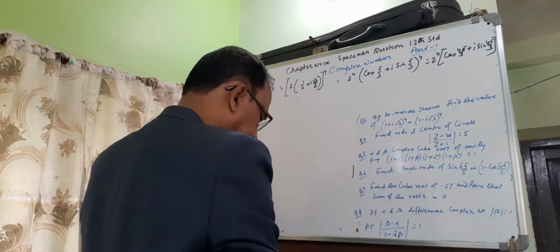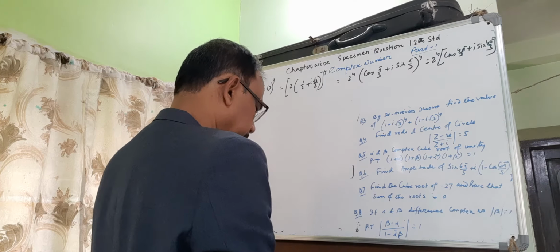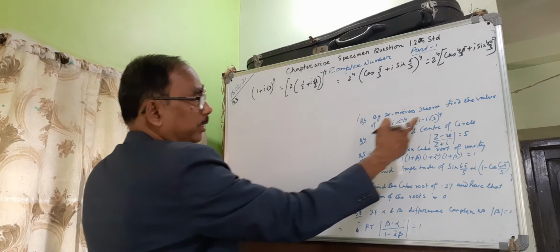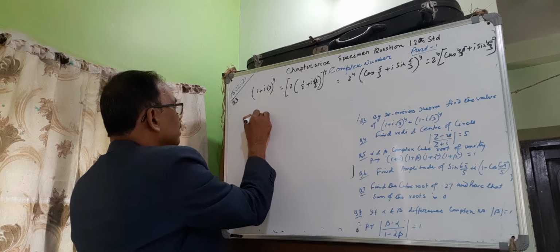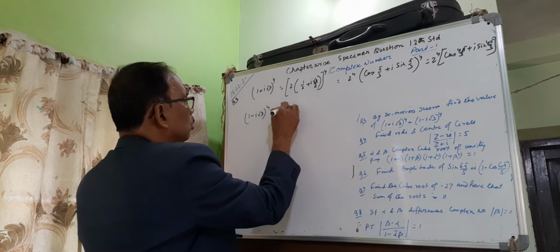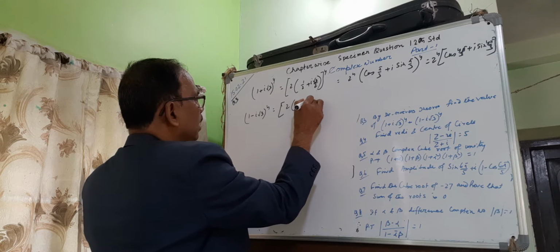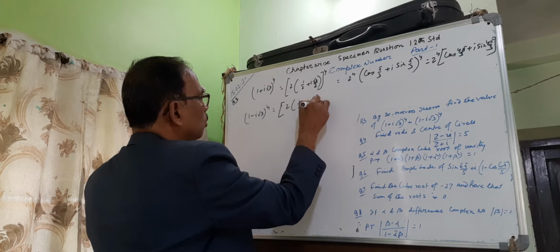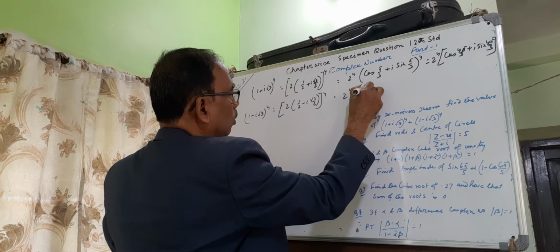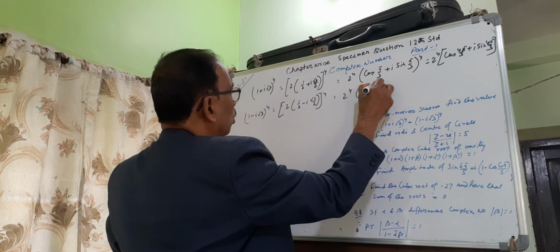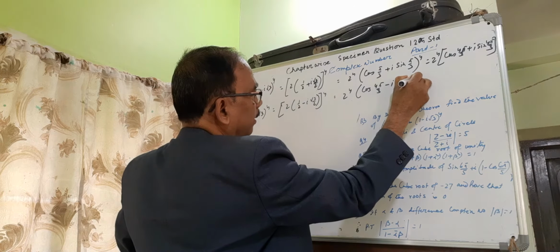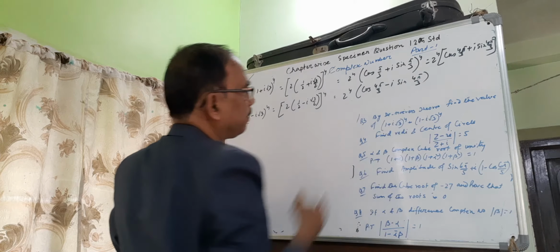Next part: 1 minus i root 3 whole to the power 4. Similarly, we can write 2 times (1/2 minus i root 3 by 2) to the power 4, that is 2 to the power 4 times (cos 4 pi by 3 minus i sin 4 pi by 3).